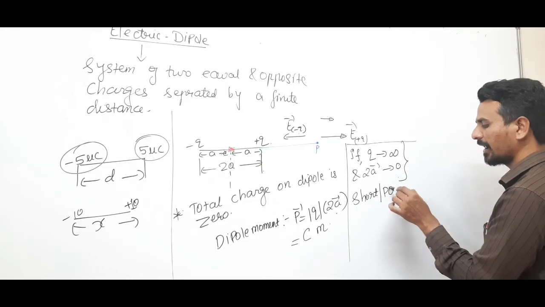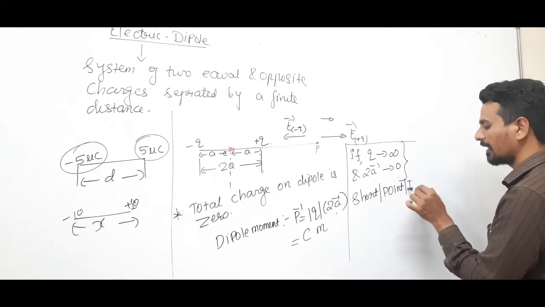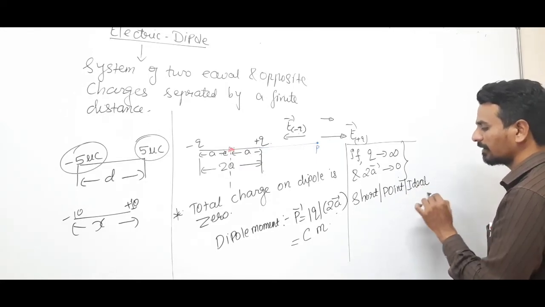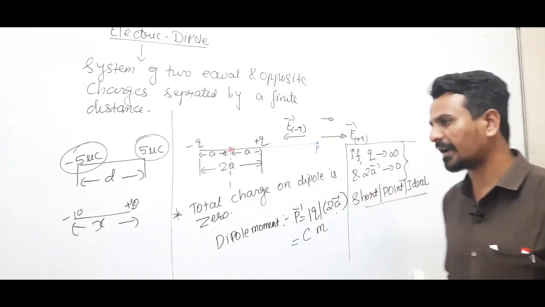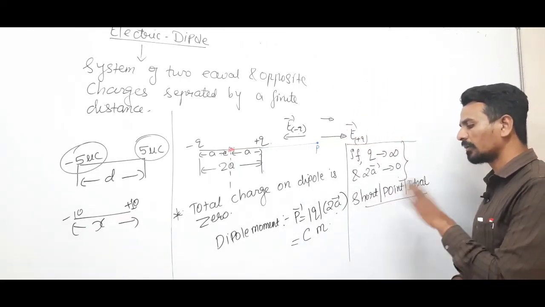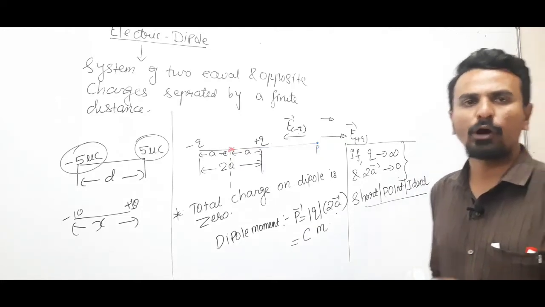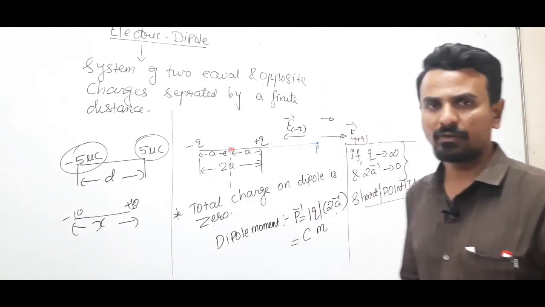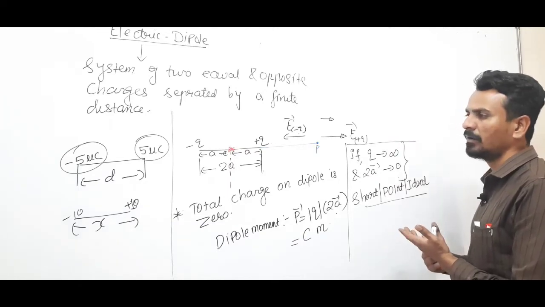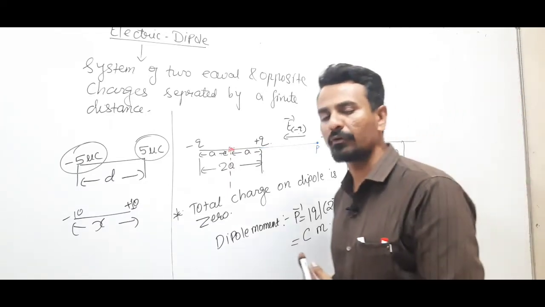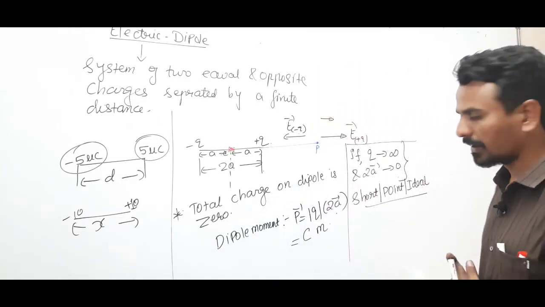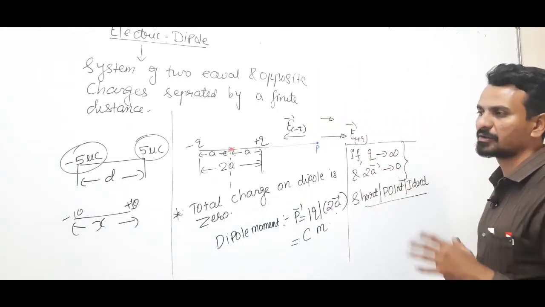You can say point dipole, you can also say ideal dipole. These are the other names. That is, if q tends to infinity and 2a tends to 0, this arrangement is known as a short dipole, point dipole or ideal dipole. If q is not very large and 2a is not very small, then the dipole is known as a physical dipole. Clear?